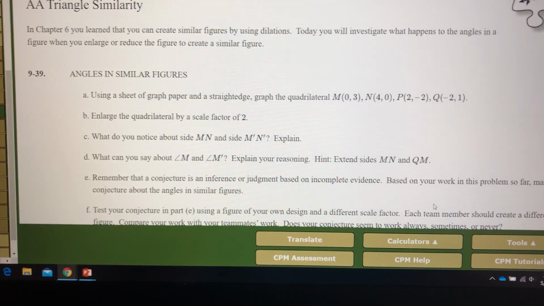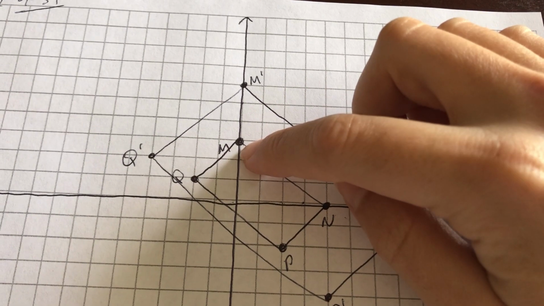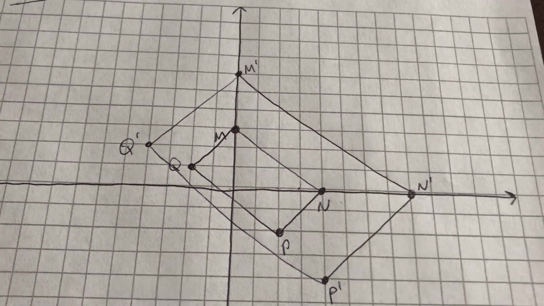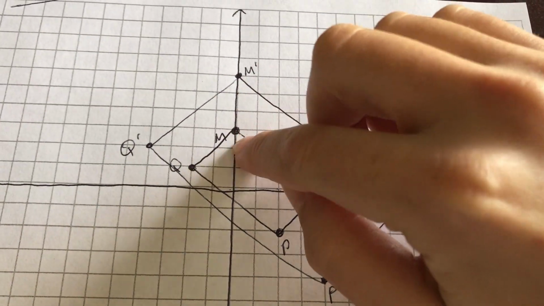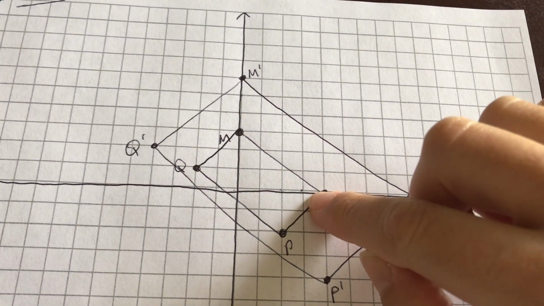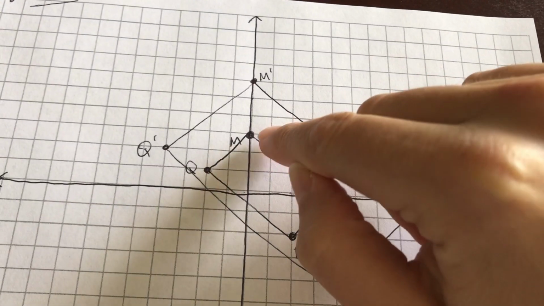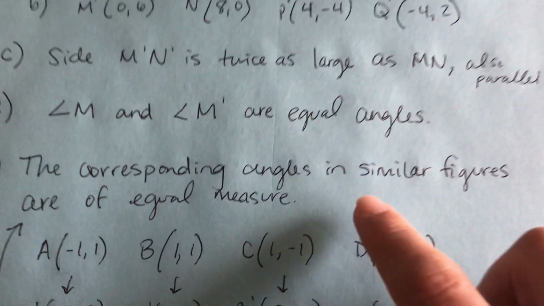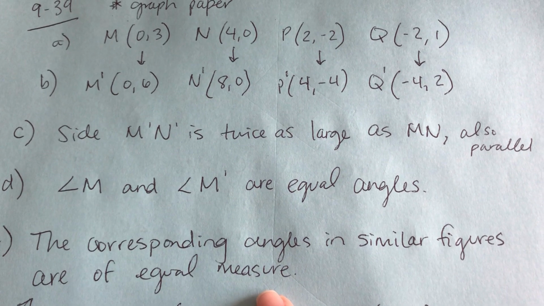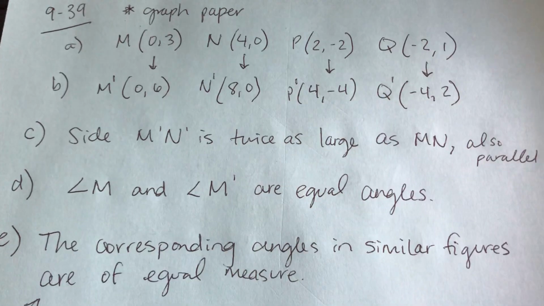So I said that the corresponding angles, which just means if you have two shapes, the angles that would match each other. So this is a corresponding angle to that one, and that corresponds to that one, okay? So I put that corresponding angles in similar figures are of equal measure, because we figured that the M and the M1 are equal angles.